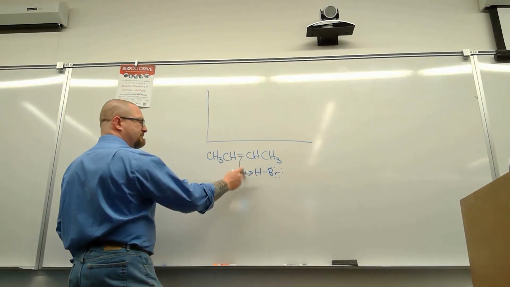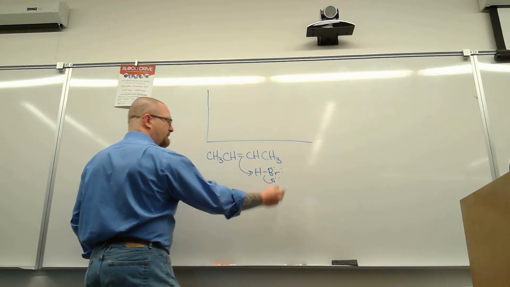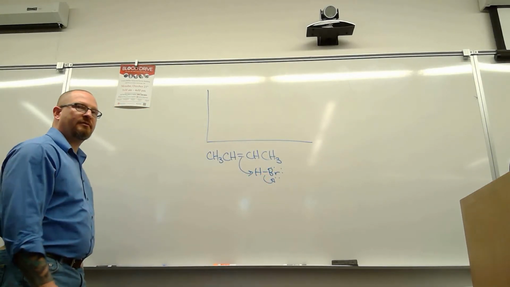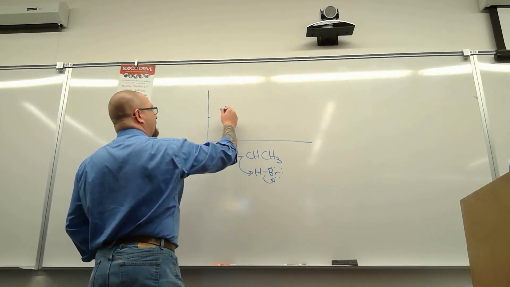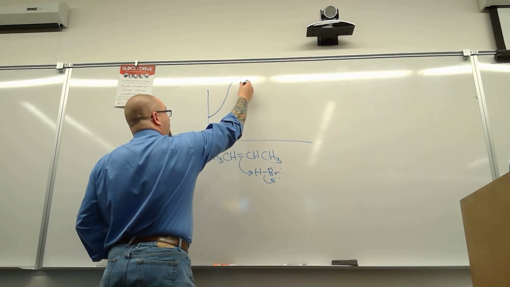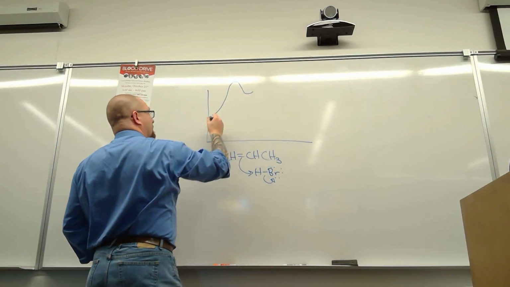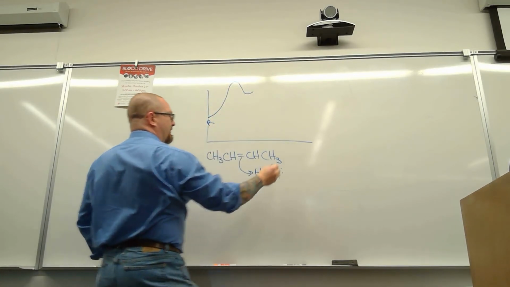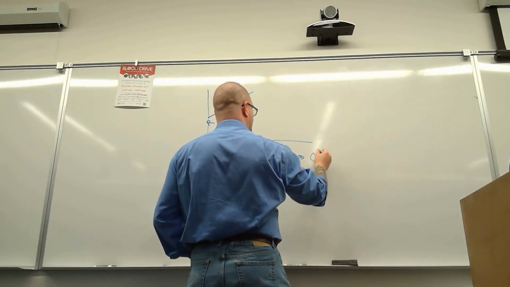This exceeds the number of bonds possible to the hydrogen. So we push electrons to the bromine. It's a pretty good leaving group. We've got our reactant. We've got this going to an intermediate.